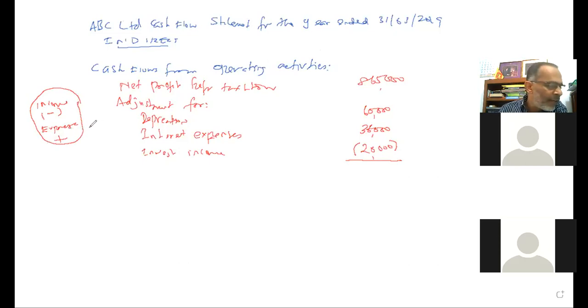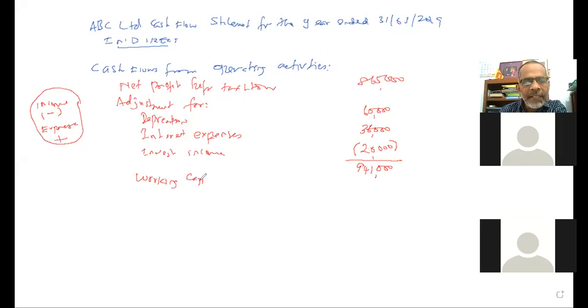Now look at here, 865 plus 65 plus 36 minus 25, 20, the total amount will be 941,000. How I have found this? Add, deduct.